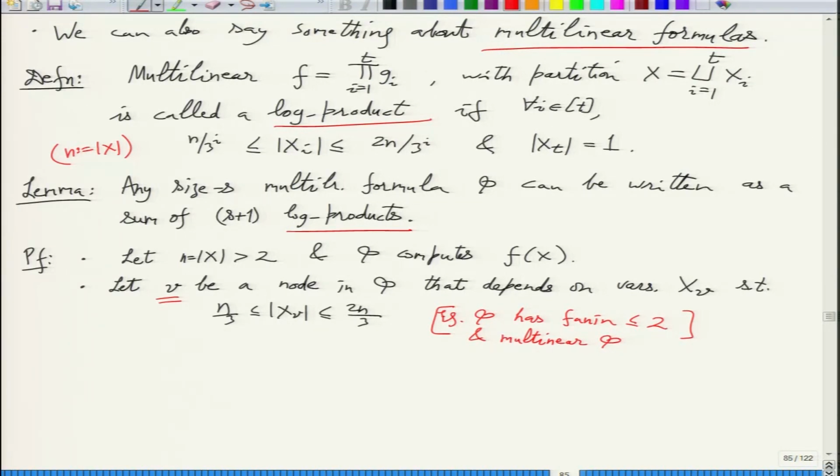Right. So at some point, at least one of the variable subsets will cross n by 3, and the first time that happens, each of them is below n by 3. So the resulting variable subset cannot exceed 2n by 3. That's the full argument.